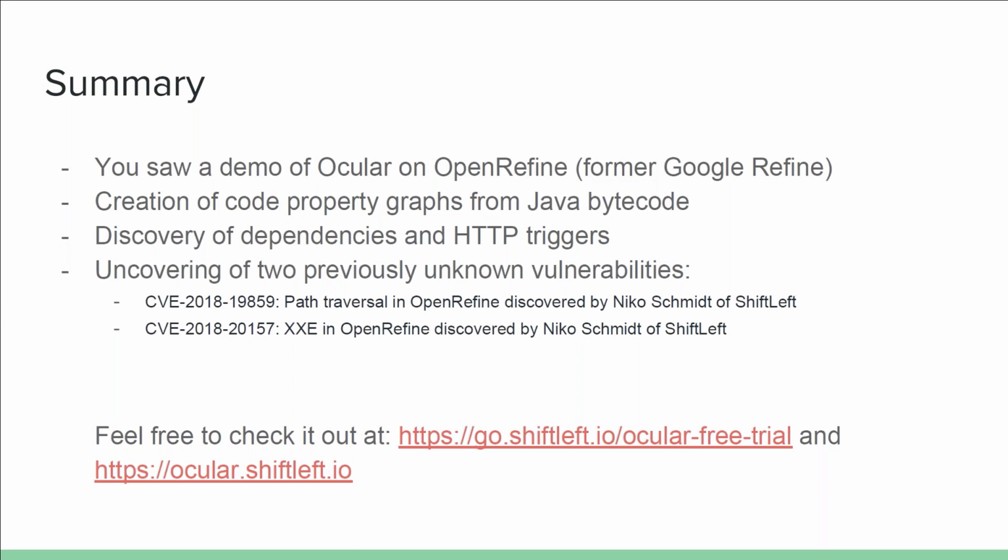And we showed you that this is actually effective in practice, and it allowed us to quickly identify two vulnerabilities in OpenRefine. One, a path traversal related to zip file processing, and the other, an XXE vulnerability in the processing of XML files. So feel free to check it out.